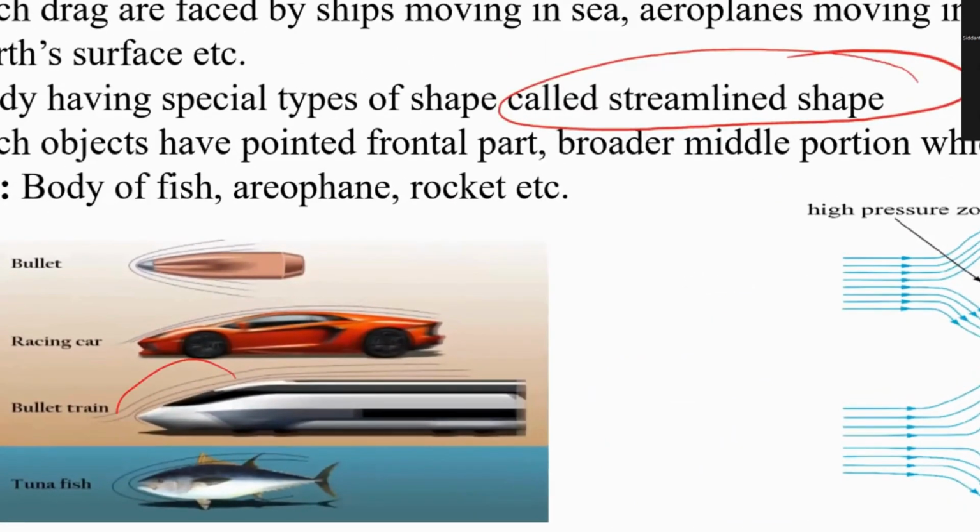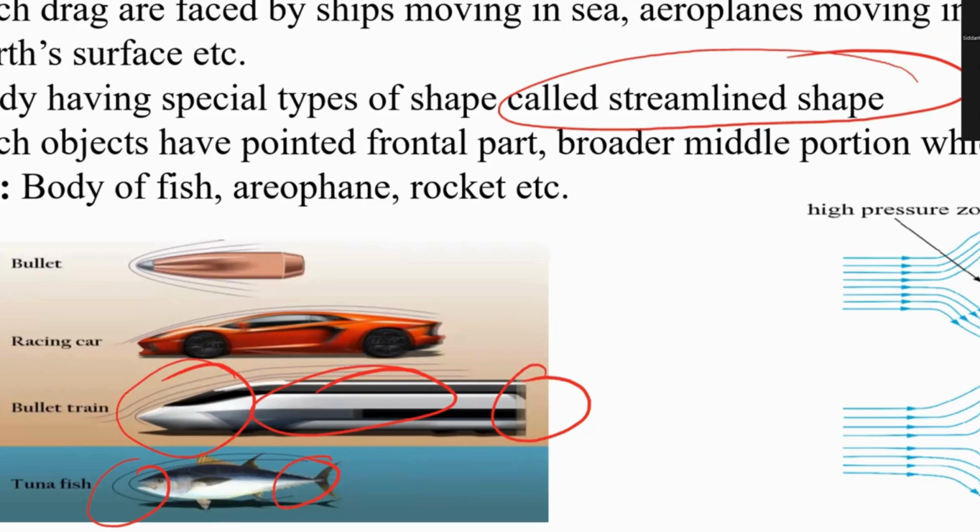In the front, it is narrow, in the middle, it is broad, and at the end, it is again narrow. In the fish also, right? And the birds also, when they fly, they make this shape. This shape is to reduce the friction. In birds, to reduce the friction between air and the bird. In fishes, to reduce the friction between the fish and the water, right?